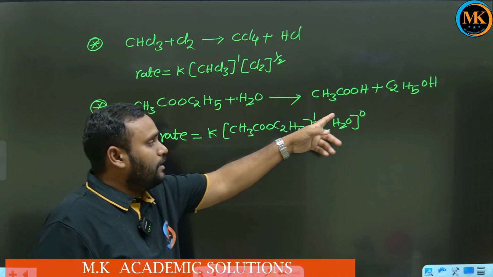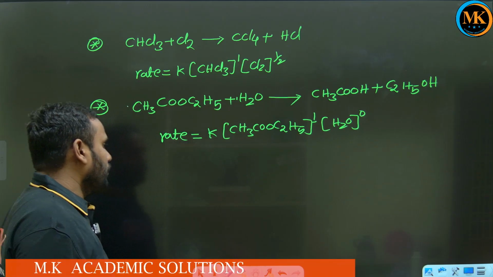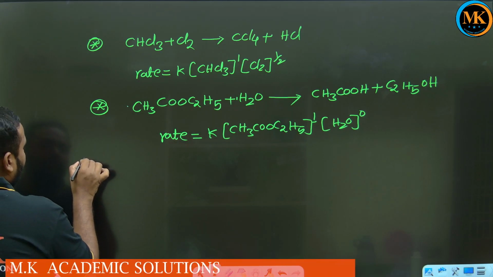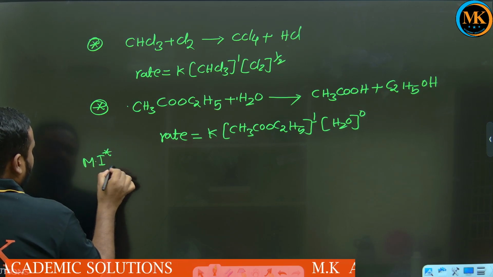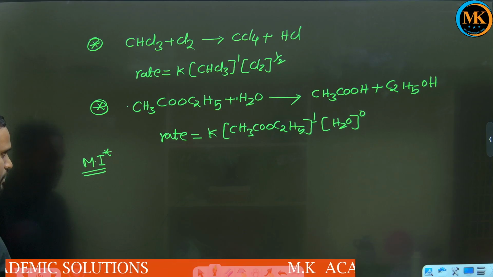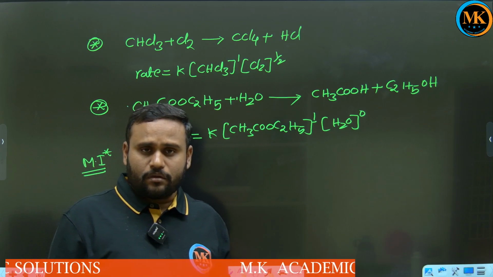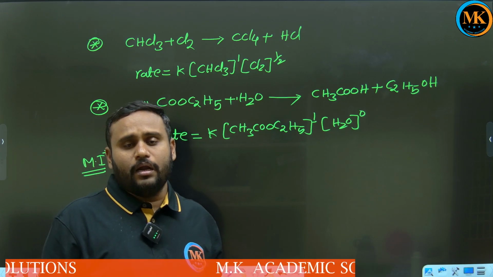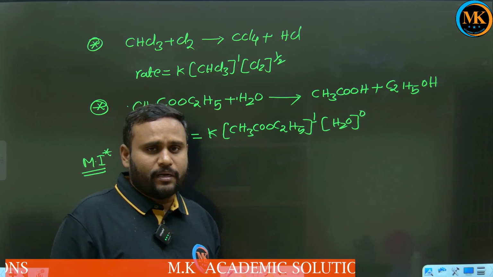And the order of reaction also we can find out by using experimental data only. Okay, so one of the main important points: rate law and order of reaction can be found by using experimental data only.